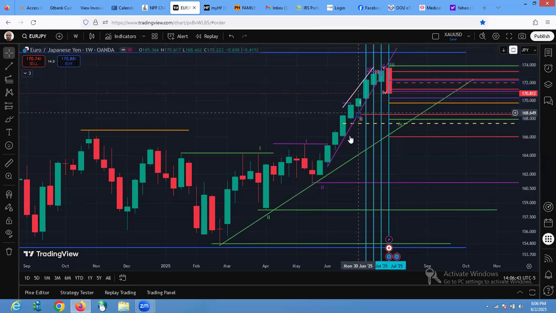So we had captured this base here, which means we had seen wave 3 fall out of the trend support here. We had seen the internal structure of 3 in pink in purple, 4 in purple to finish 5 in purple.